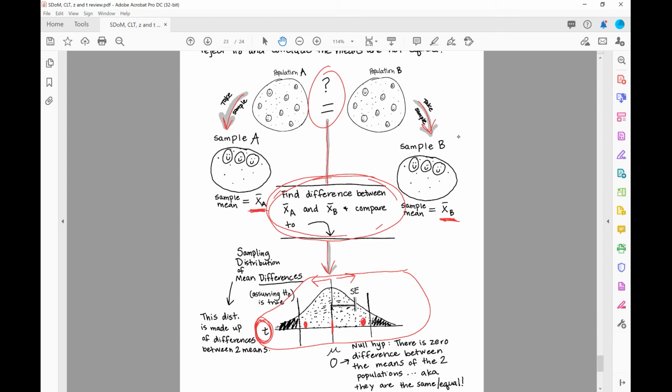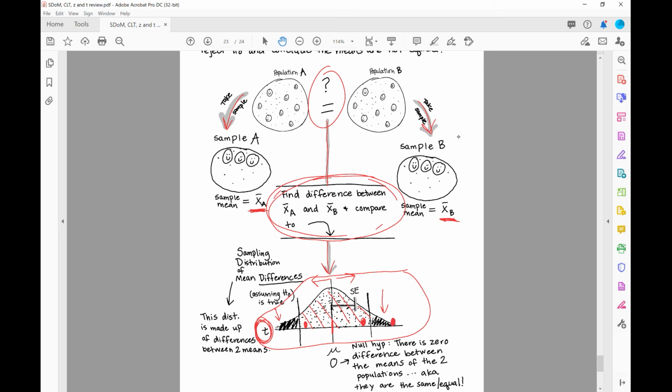And we want to find where the difference that we really see lands. Is it in our middle 95% not weird area? Or is the difference that we see between these two so big and so extreme that it lands in one of our rejection regions? Like A is so much bigger than B that the mean difference is way out here. And we go, that's really weird.